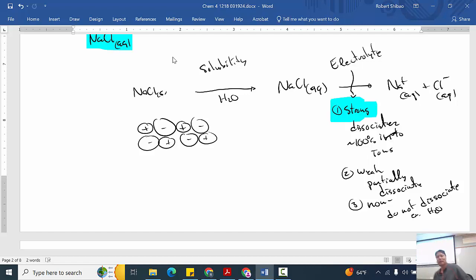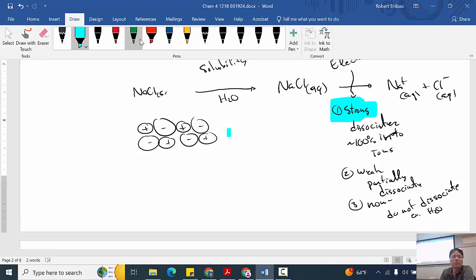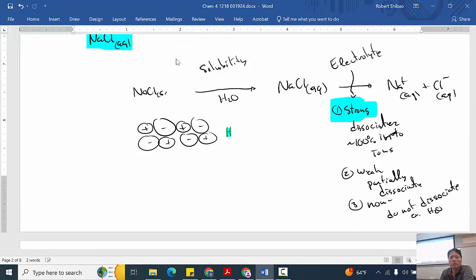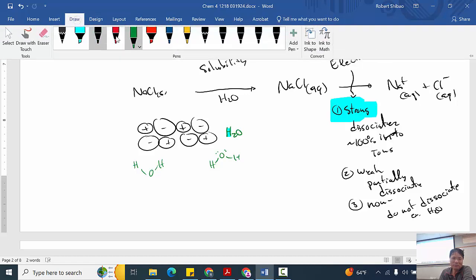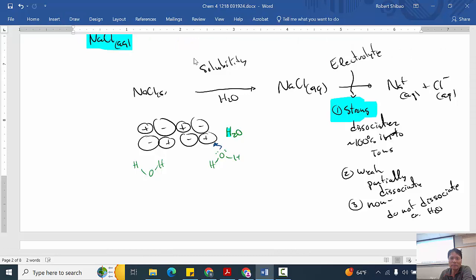And so what happens here is, one, solubility: the water molecules come here and tug at the ions. It turns out that the oxygen end likes to attack the sodiums, and the hydrogen ends like to attack the chlorides.